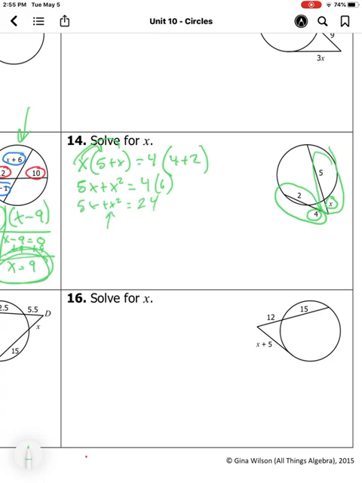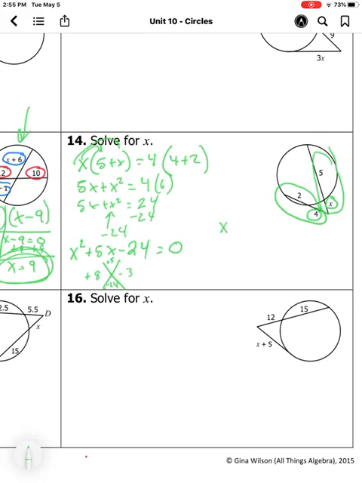Because I have the square right there, I want to set this equal to 0. So I subtract 24, subtract 24. I'm going to rewrite it as x squared plus 5x minus 24, and that's going to be equal to 0. Now, I have to find two numbers that add up to positive 5 and multiply to negative 24. So I go through and I get positive 8 and negative 3.